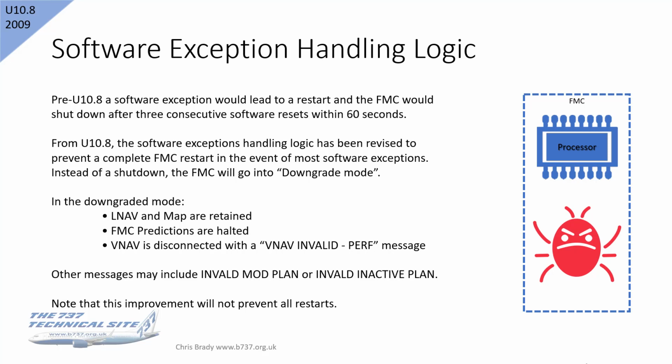In downgraded mode, you retain LNAV and the map. FMC predictions are halted, and VNAV is disconnected with a VNAV invalid performance message. In fact, all you need to do is re-enter the cost index, and VNAV will come back. So effectively, you've got VNAV and LNAV and a map. Happy days. You've still got your FMC to a degree.